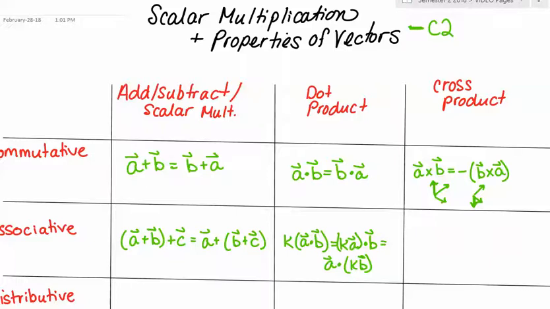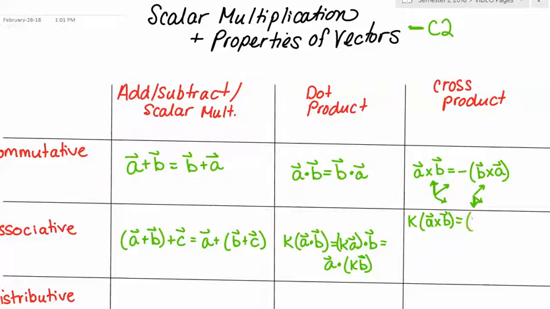And then the cross product. Let's just look at a scalar. I'm going to show you this in two ways. If I had a scalar, and then I had vector A cross B, I can expand or split that up differently.